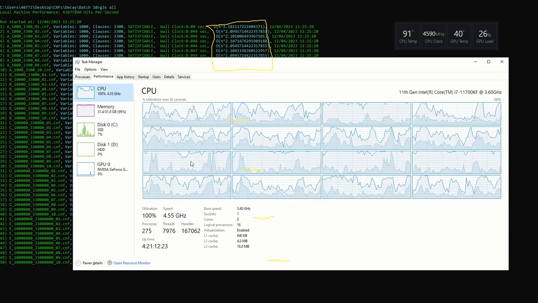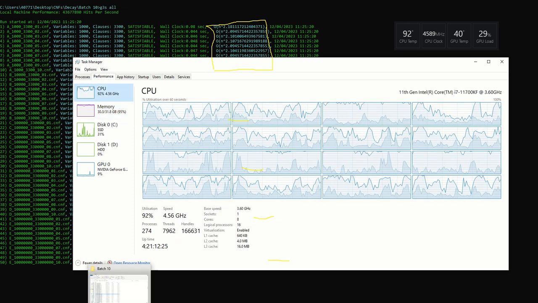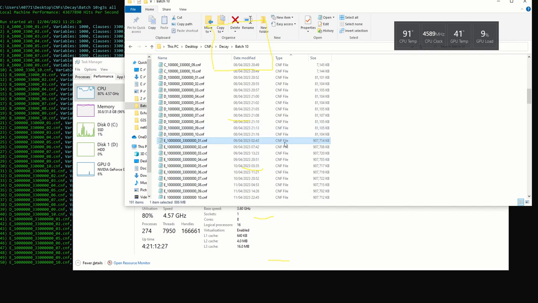Thinking about the magnitude of the 33 million clauses, because that's the big punch in the formula, it takes 1 gigabyte. Then probably the next one, of 100 million variables and 333 million clauses, that's humongous.